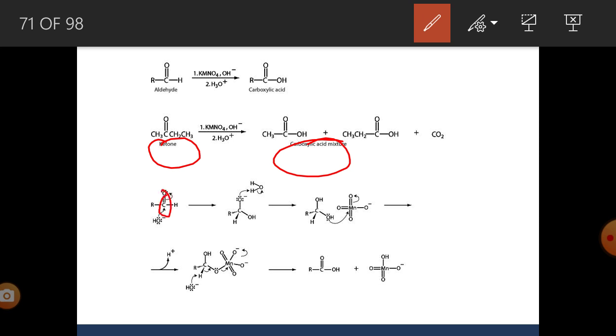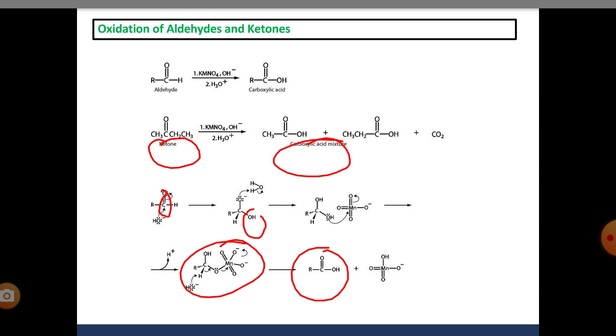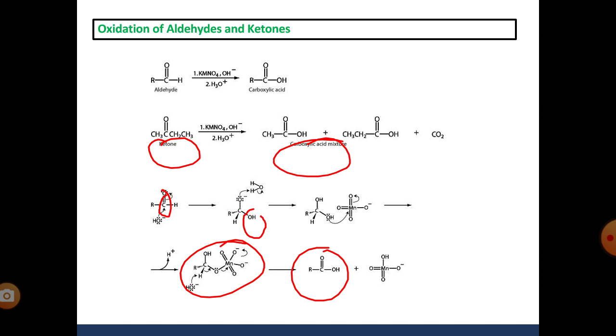This carbonyl group is electron deficient. Here there is attack of a nucleophile, that is OH minus nucleophile. After this, H plus from here gets added on Mn. There is formation of this complex which breaks down into carboxylic acid. So aldehyde can be converted into the corresponding carboxylic acid.